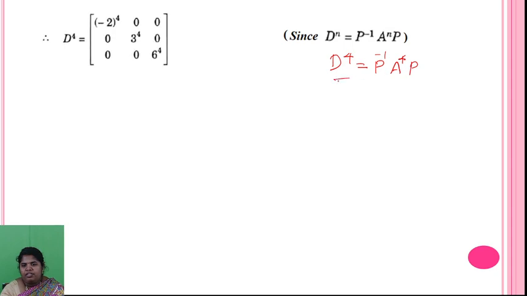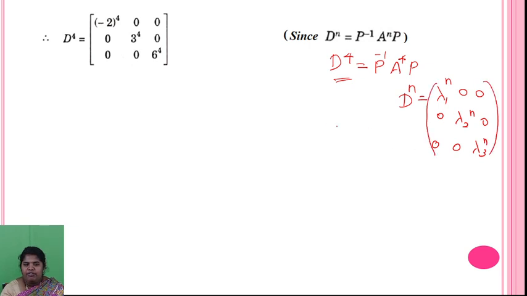Okay. So first we find D power 4. We know that the D power n matrix is lambda 1 power n, 0, 0, 0, lambda 2 power n, 0, 0, 0, lambda 3 power n. In this matrix also we can replace n by 4. So we get minus 2 power 4, 3 power 4, 6 power 4.